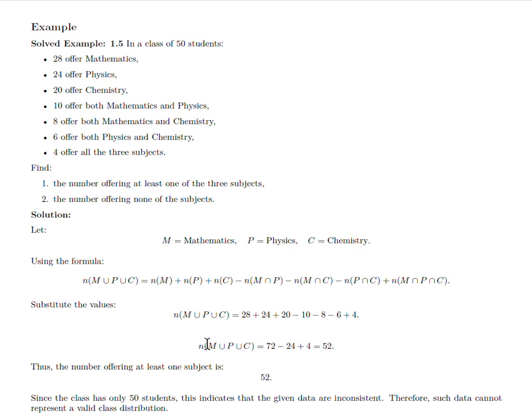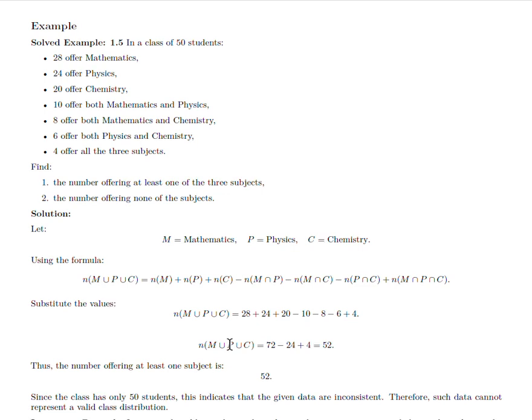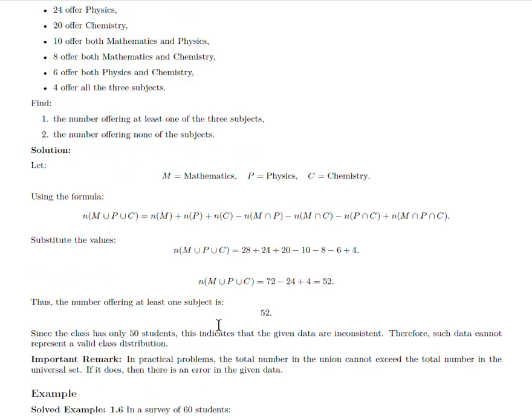So students that offer at least one of the three subjects are captured in that union, right? If you offer two subjects, you offer at the same time at least one subject. If you offer all three subjects, you offer at the same time at least one subject. So that answers the first question.